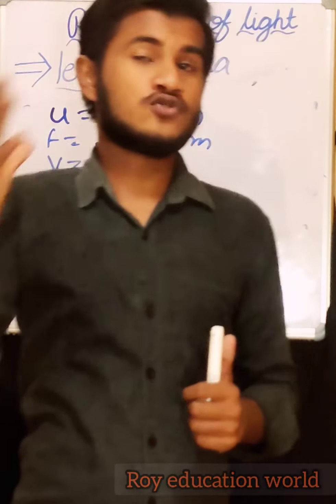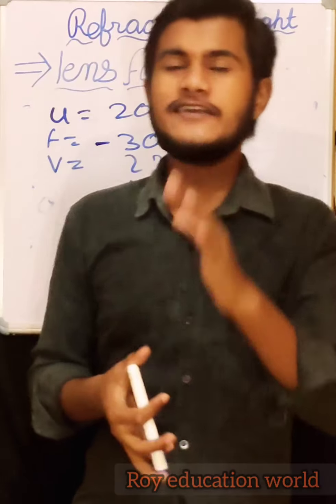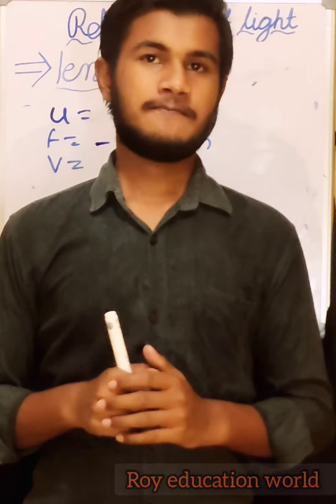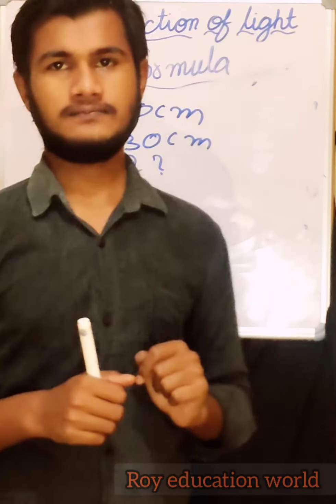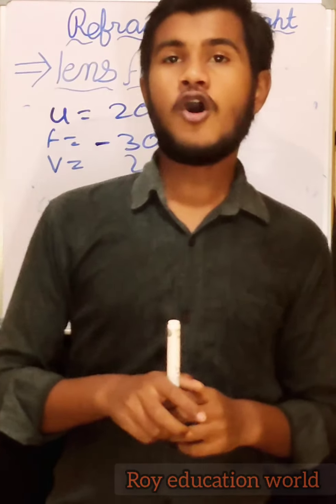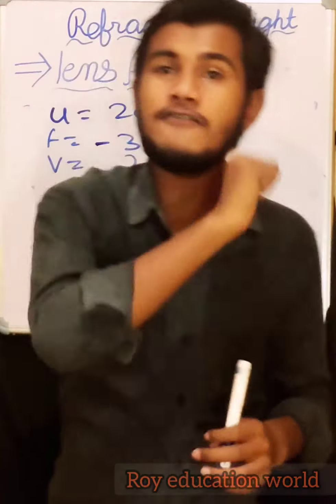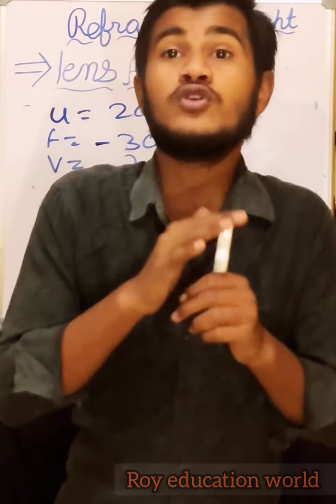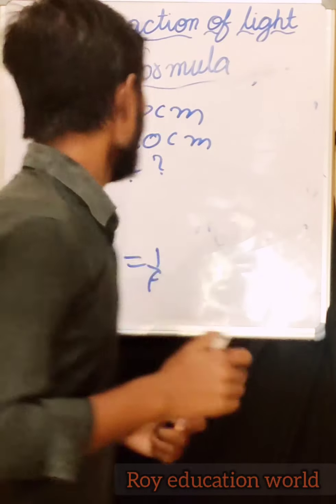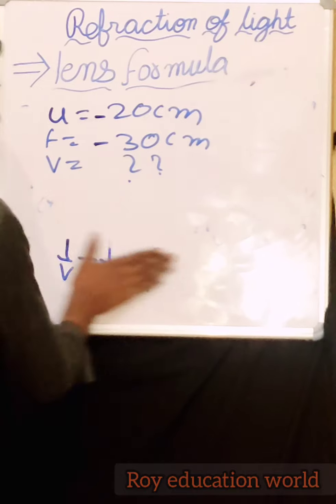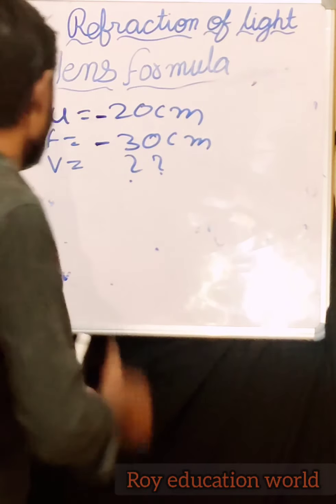And we always keep the object on the left side of the lens or left side of the mirror. So whenever our object is placed on the left side of the lens or mirror, then that is going to be negative. So it is negative.